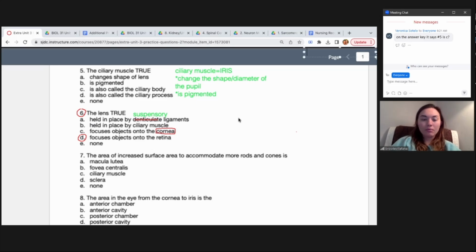Okay. Question number 7. The area of increased surface area to accommodate more rods and cones is which of these options?